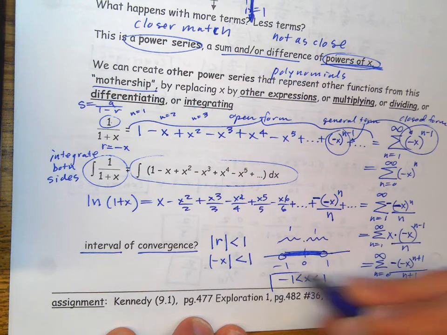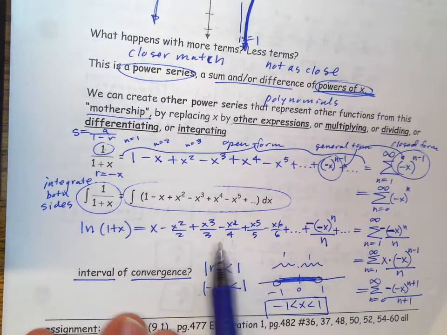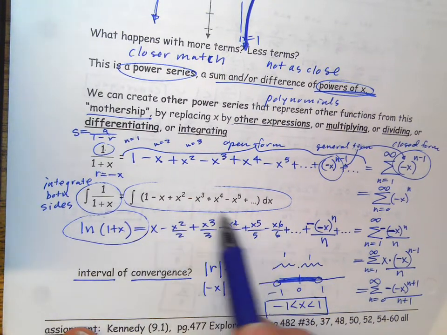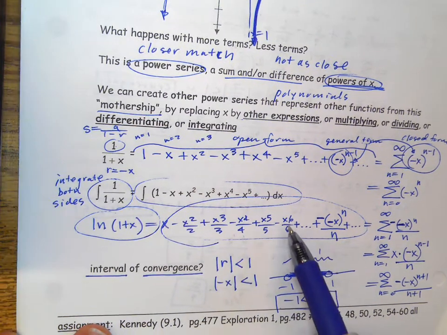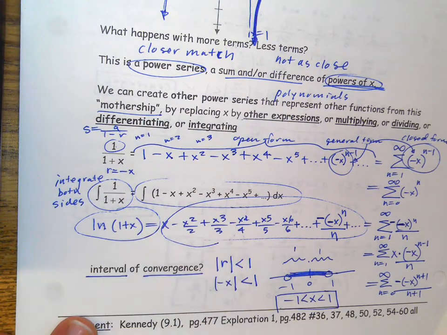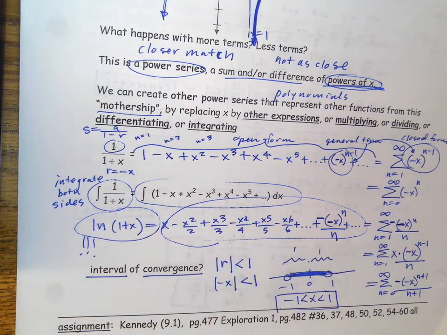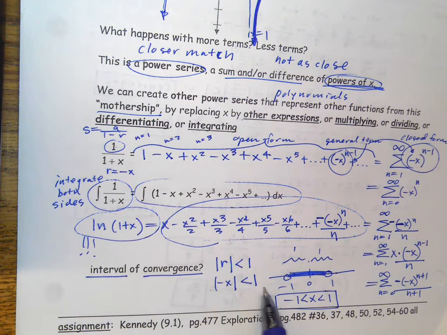So this is the interval of convergence. That means this function, this is kind of crazy. This polynomial, that's still a polynomial, this polynomial equals natural log. But it really only works for values of x that are between negative 1 and 1.